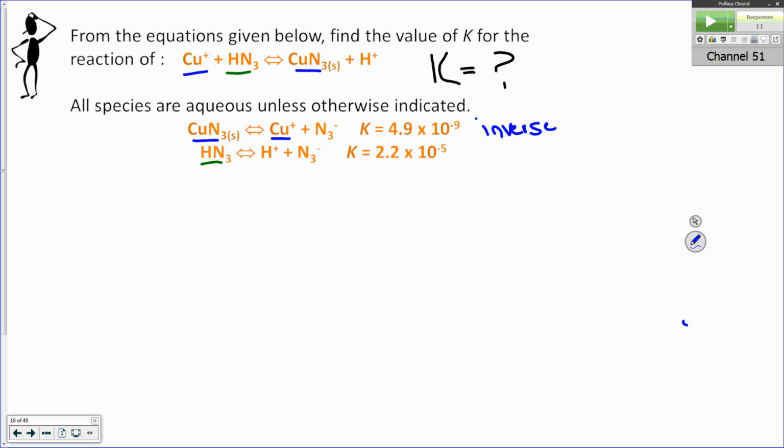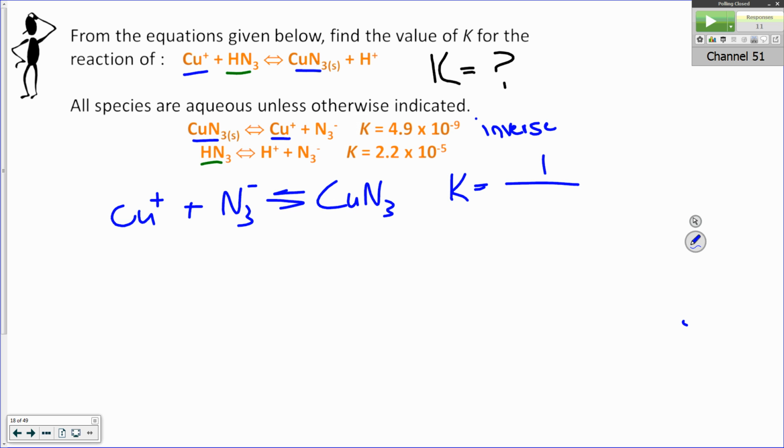So if I took the first one and if I invert it, Cu plus, what's the azide? Yields copper azide. And now its K value. Okay, so I've spun it around. So that means I need to take the K value and invert it. Right? And now if I took the next one and add to it, what would I get?